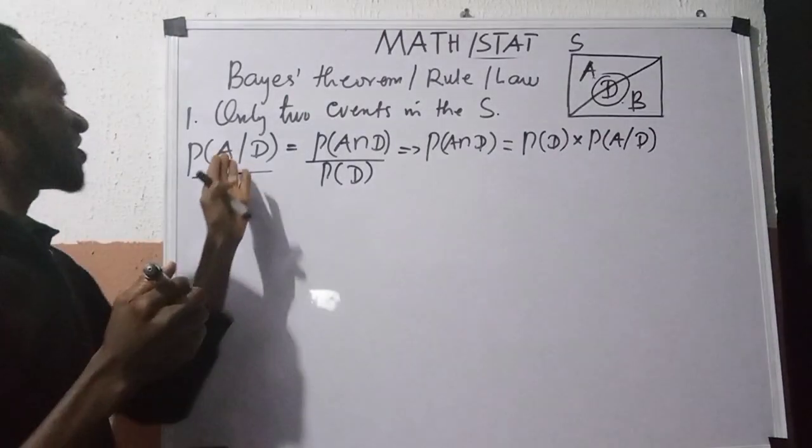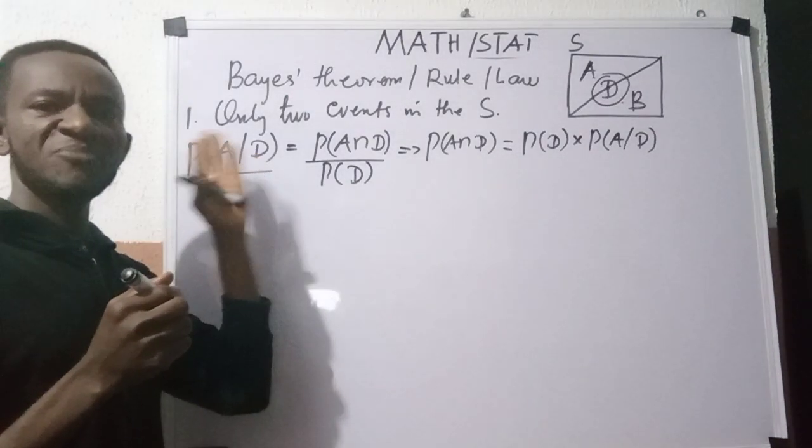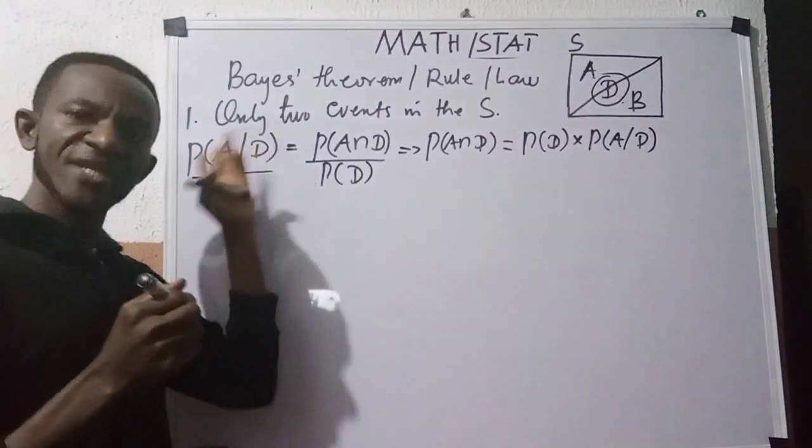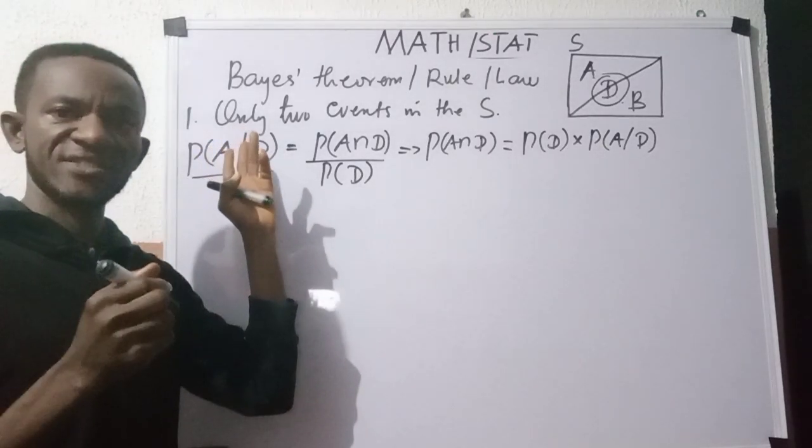Of course, in the first one, we looked at the probability of A given D. We can equally look for the probability of the reverse.